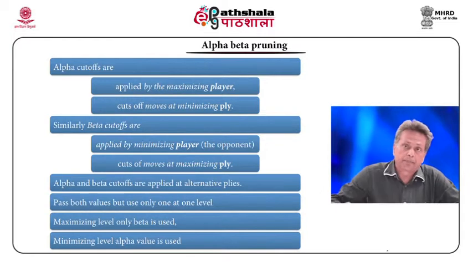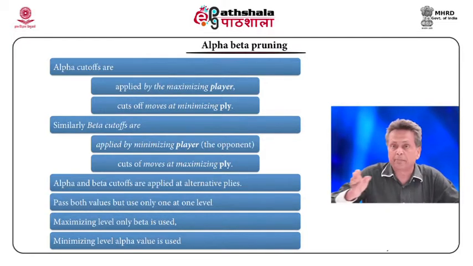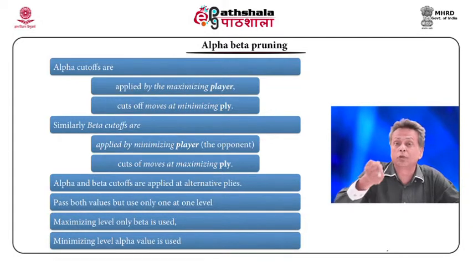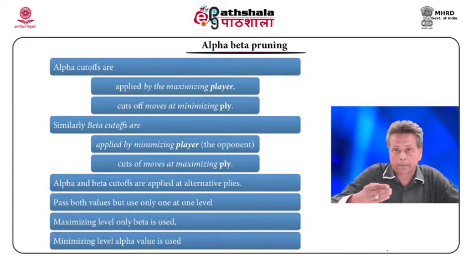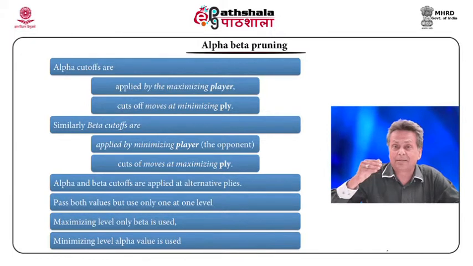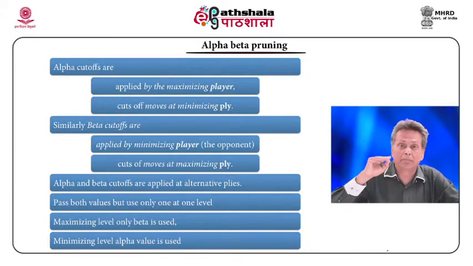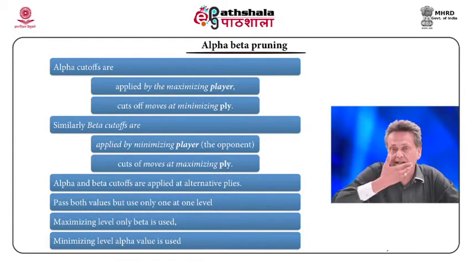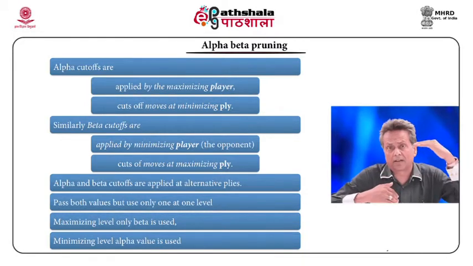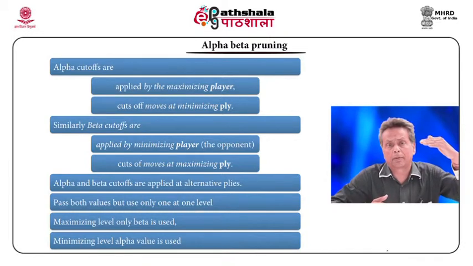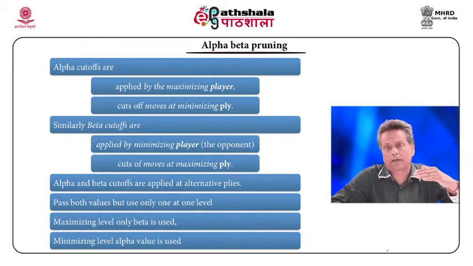Let us recap. Alpha cutoffs are applied at the minimizing player, but who is doing it? The maximizing player. We do it. Beta cutoffs are applied at the maximizing layer, but who applies it? The minimizing player. If we look at that again, you will probably realize that they are applied at alternate plays. Alpha cutoffs are applied here, then in the next layer alpha is not applied, beta is applied.